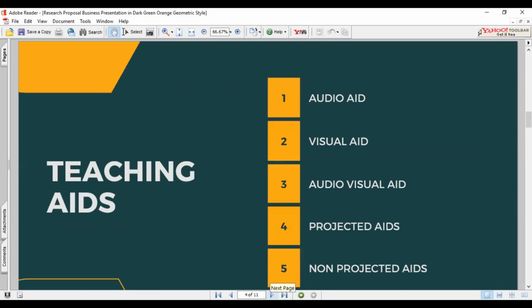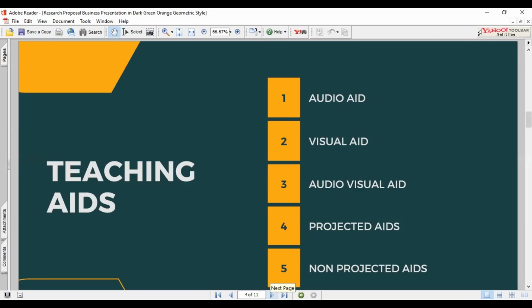While we speak about teaching aids, whenever we are teaching, there are different types of aids which are used, which are helpful in the process of learning, in the process of teaching. These are some of the teaching aids: audio aid, in which you can only hear; visual aid, in which you can only see; audio visual aid is kind of a video in which you can see and hear as well.